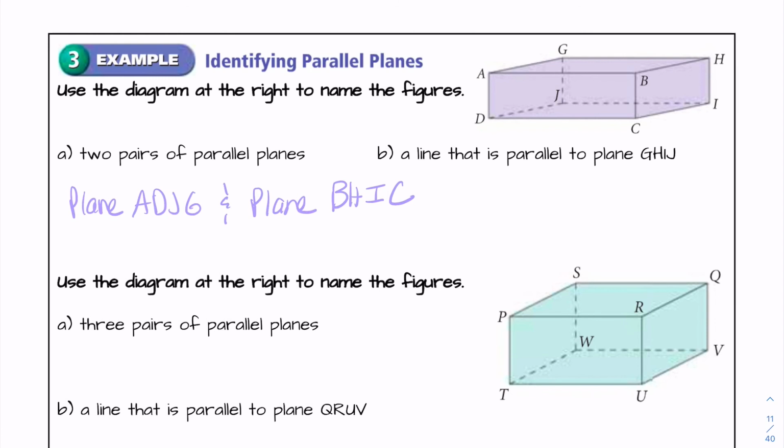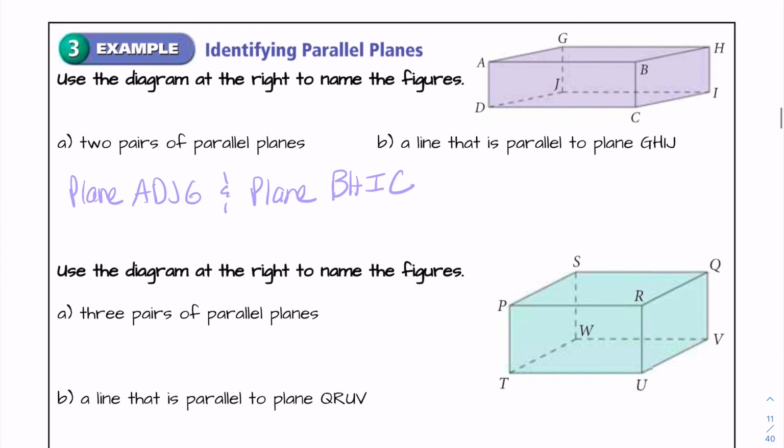And let's name a line now that is parallel to plane GHIJ. So GHIJ is the back plane, okay? So let's name a line that's parallel. Let's get crazy and let's go a diagonal. Why not? Let's say AC. AC is a diagonal, but it's parallel because ADBC is in the front.